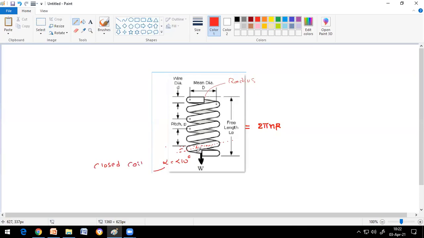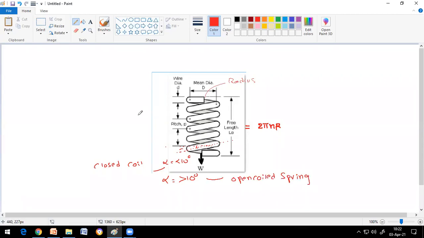If the same angle is greater than 10 degrees, we represent it as an open coiled helical spring. This is how we are going to differentiate the two.